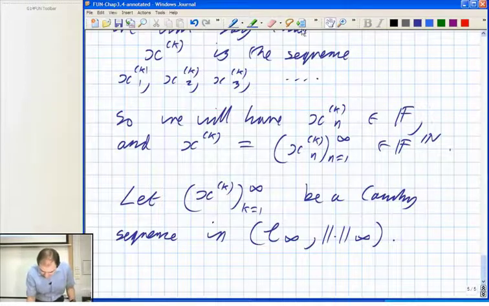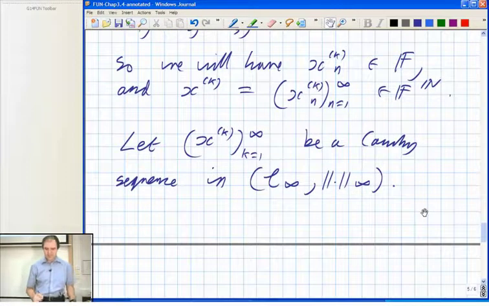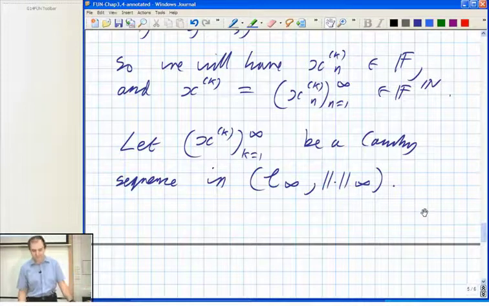And we have to prove that this sequence converges in l infinity. And as usual, we split it up into two stages.